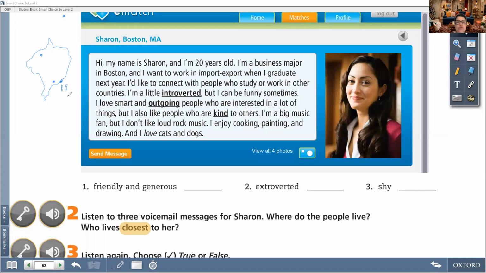So, who lives closest to you? Which person lives closest to you here in Rio? The person in São Paulo, the person in Manaus, or the person in Miami? Who is closest? Pedro.